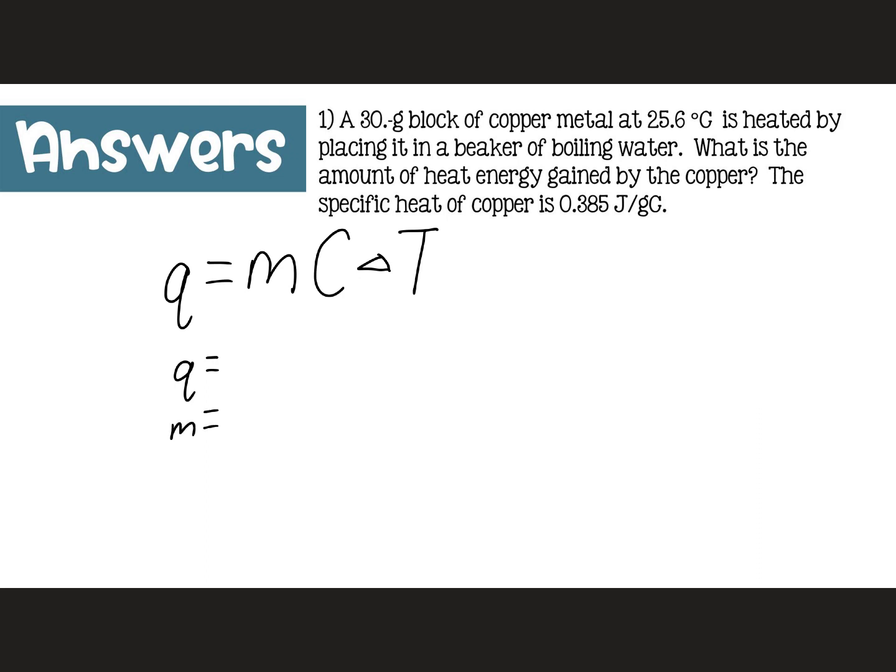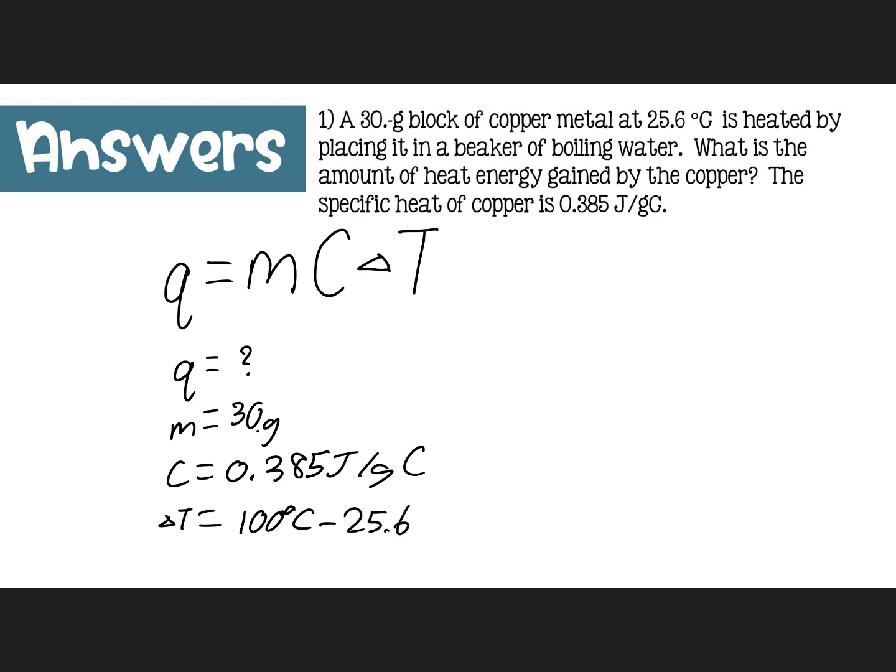We are looking for heat, so let's leave Q as it is. Our m, or mass, is 30 grams according to this problem. Our specific heat capacity for copper is 0.385 joules per gram degree Celsius. And we want to take the temperature from 25.6 degrees Celsius to boiling water, which is 100 degrees Celsius.